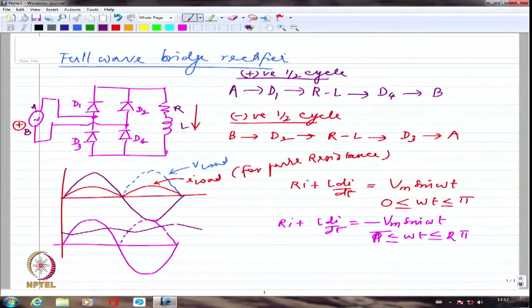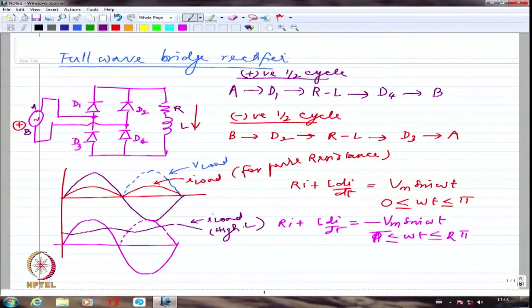Higher the inductance value, the ripple in the current will decrease because the inductance acts like a filter. Whenever there is a shortfall in the energy, it is going to supply back. So the amount of energy supplied back is going to make the current fall or rise really minimal. That's what is going to happen. So this kind of load current waveform is going to be true for high L, larger value of inductance.